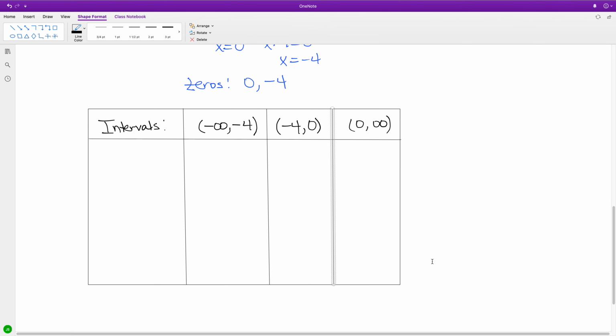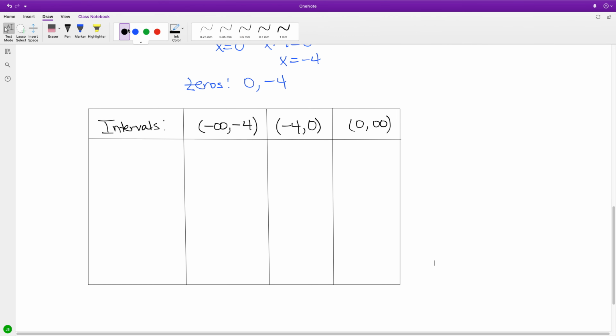All right, we're going to inscribe test values for the inputs, with the test value x.